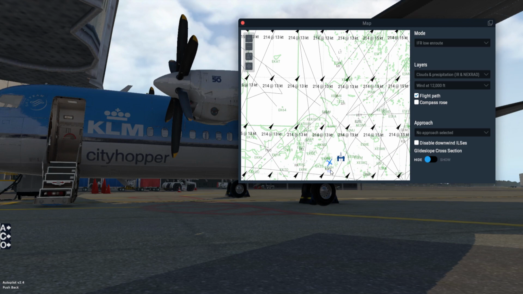However, you have to decide whether you want to fly VOR to VOR or fly full procedures, because there are very few SIDs and STARs that actually start or end at a VOR station.